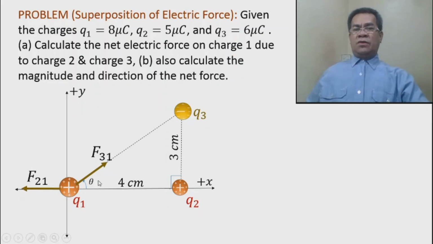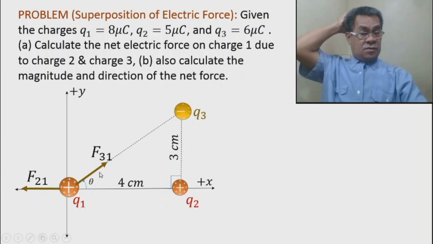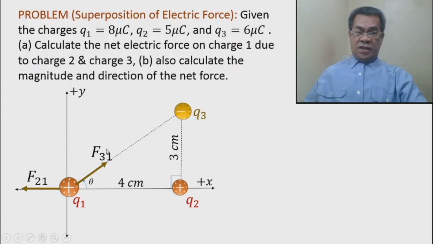So what will you do on this problem? Since these are forces, we have to find the vector sum. So again, you have to recall your vector analysis, finding the vector sum of two forces. The best thing to do is to find the magnitude of the force that 2 exerts on 1 using Coulomb's law.